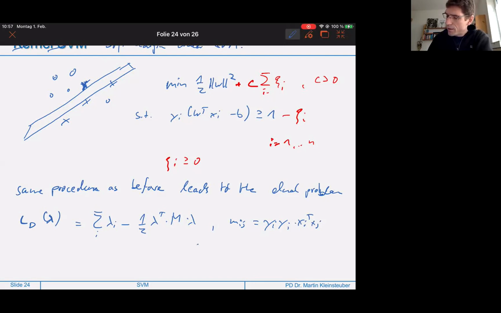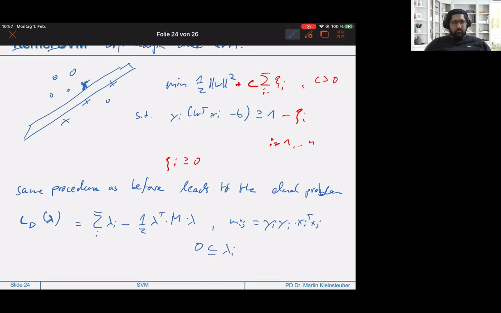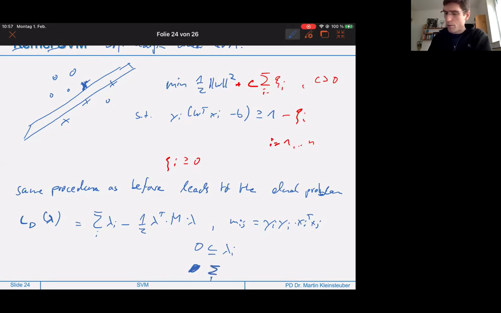And interestingly, we have that the lambda i are non-negative here, so this is nothing new. We have that the sum over i of lambda i yi is 0. So this all remains the same.